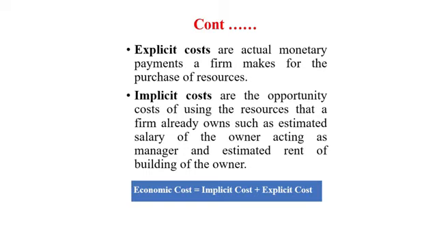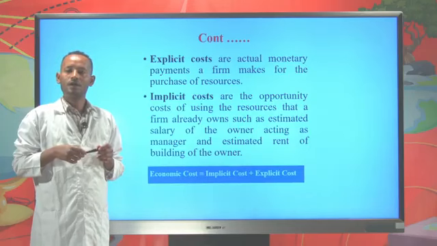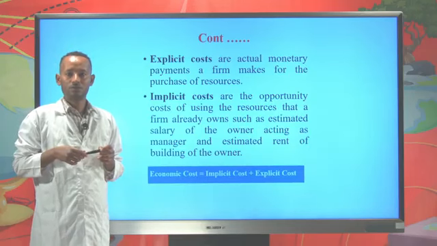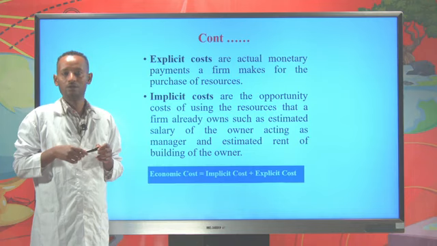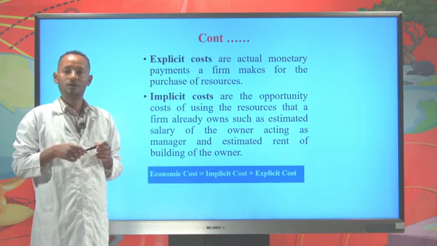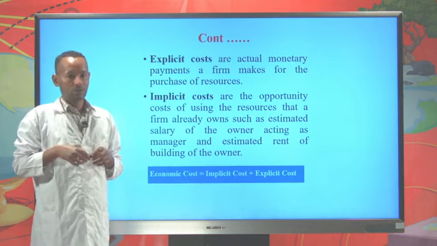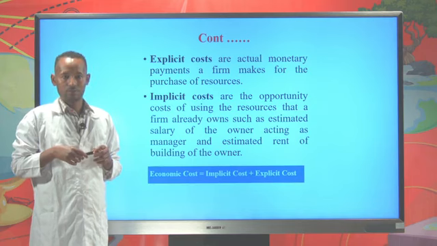For example, the estimated rent of a building of the owner is considered implicit cost. In Ethiopia, most owners engage in production using their own sheds or buildings, and this cost of estimated rent is considered implicit cost.